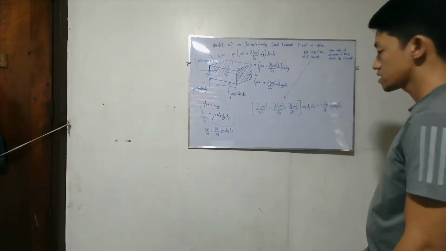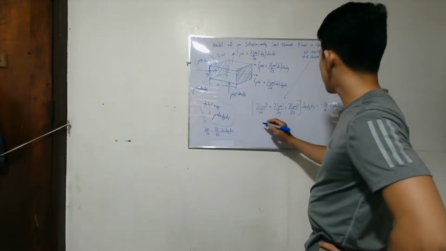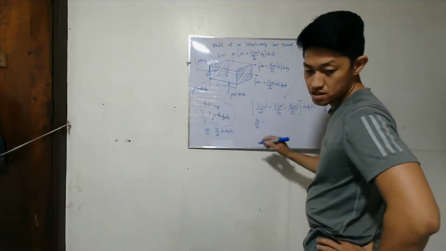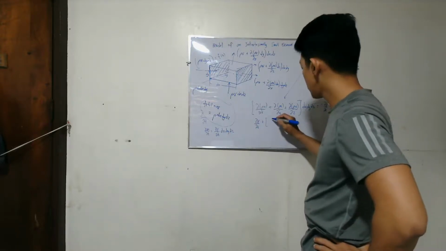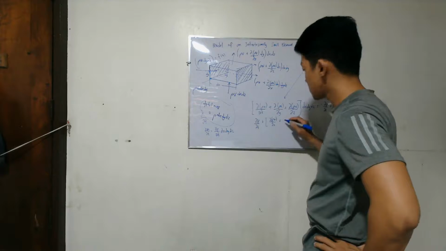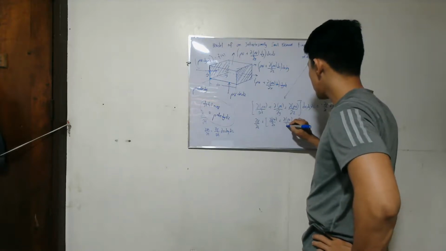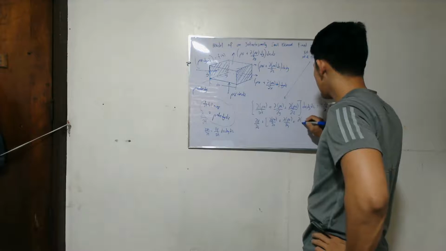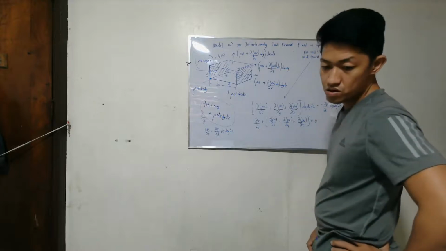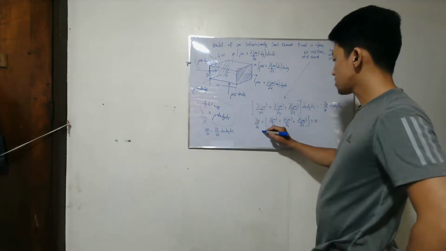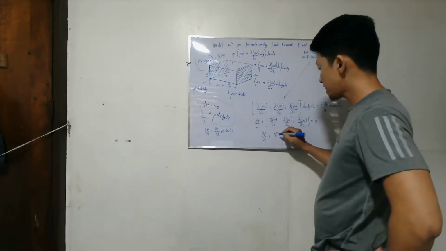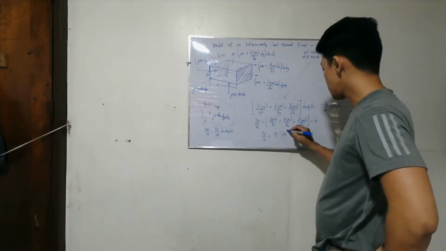So this becomes partial of rho respect to time plus partial of rho u respect to x plus partial of rho v respect to y plus partial of rho w respect to z equal to 0. Right? Or, simplify pa na ito ni partial of rho respect to time plus del dot rho V.